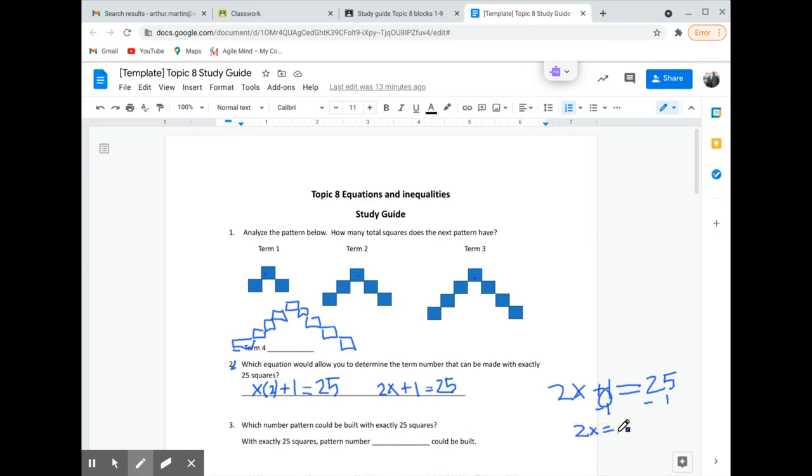And then we got 2x equals, what's 25 minus 1? 24. All right. So if both sides together are 24, how could we figure out what one side would be? Divide. So we would divide by 2 on each side. And so we find out that x is equal to what? 12. 12.